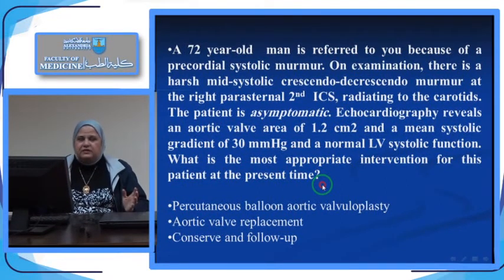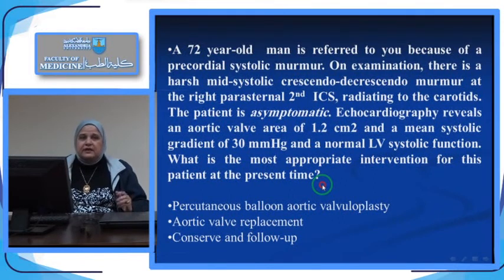What about the intervention? A case of calcific aortic stenosis in an elderly 72-year-old, asymptomatic, with an area of 1.2, which means a moderate stenosis, and a mean systolic gradient of 30, which means mild to moderate stenosis.